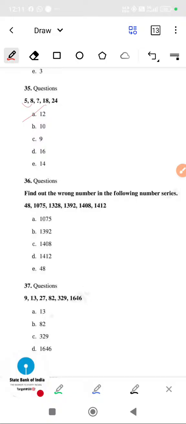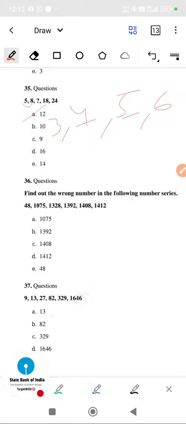The difference first will be 3, dash and dash. The next one is 6. So here we have 4 and 5. 5 plus 4, which will be 12. 12 plus 5, which will be 17. So we are getting a mistake. So here I feel the question has a mistake.